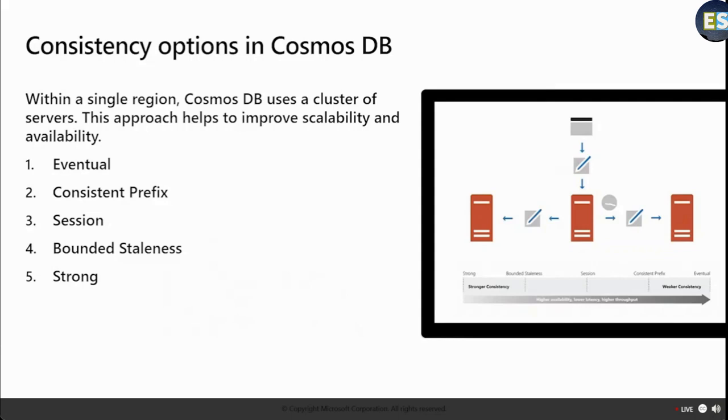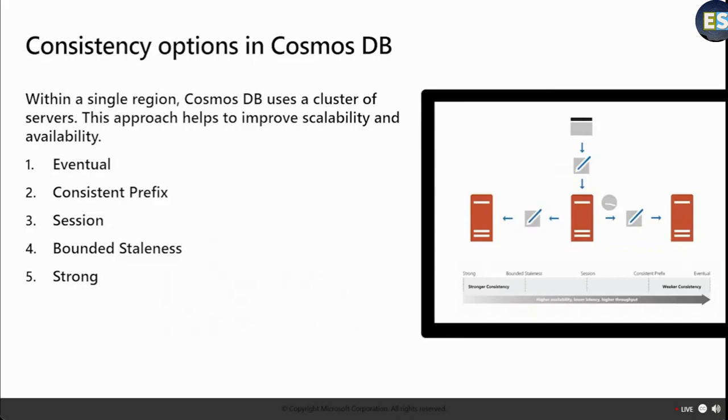And then with the strong option, all writes are only visible to the client after the changes have been confirmed successfully written to all the replicas. And so this option means that sometimes when your applications are trying to read from some of the replicas, it might be unavailable because some of these changes might be in the process of being made, so that when your application does read the data, it's all consistent.